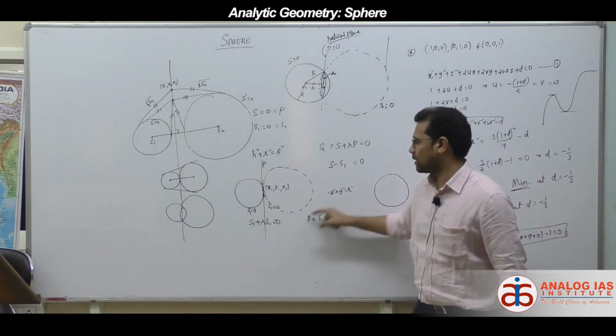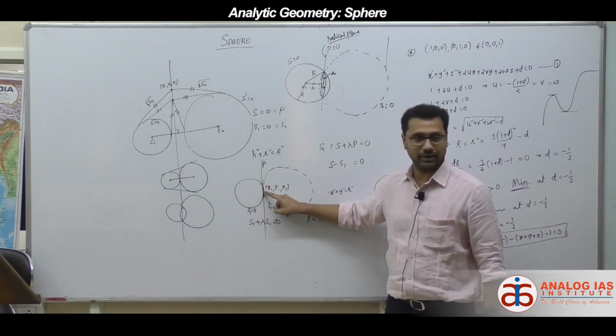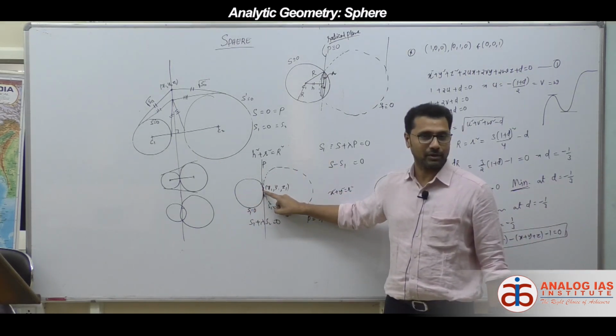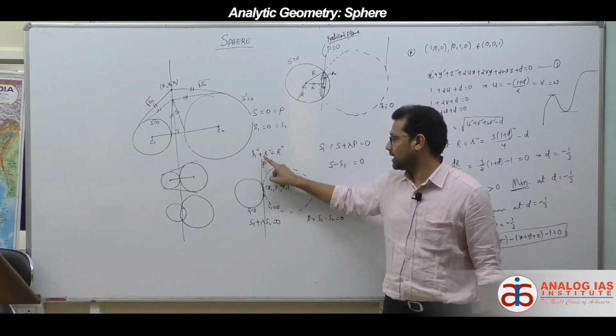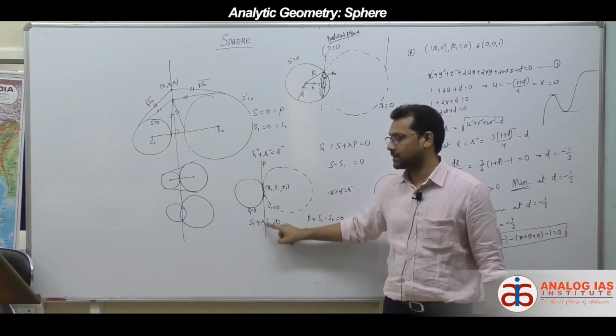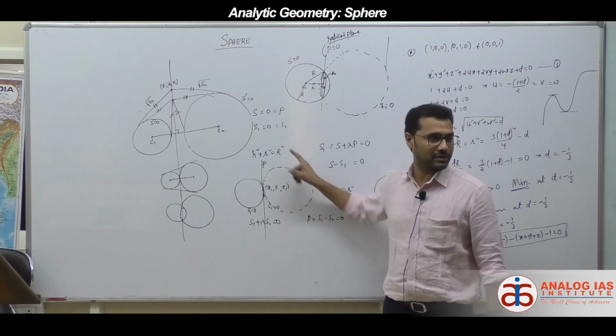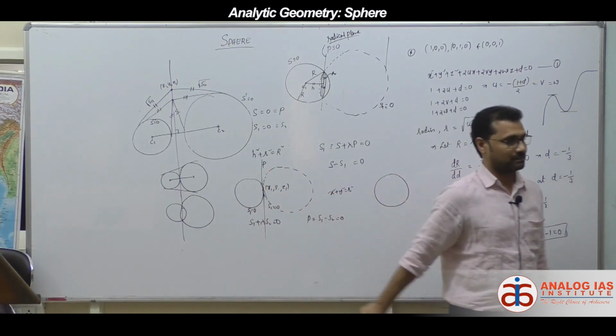All such spheres will always touch this sphere at this point, because for those spheres, this radical plane is nothing but the tangent plane. For all those spheres, the radical plane is the same plane.